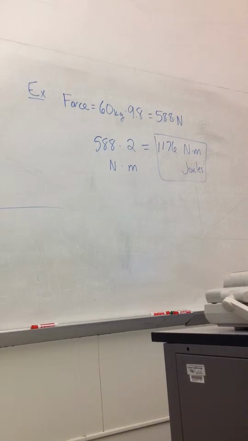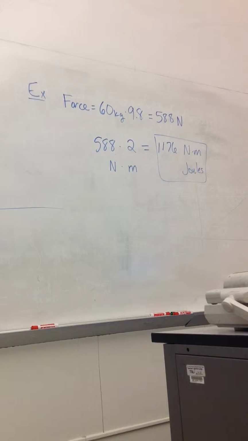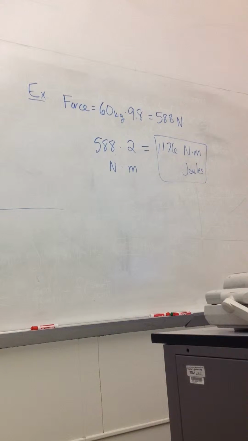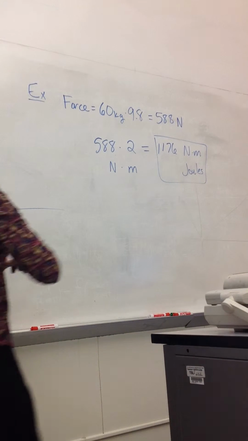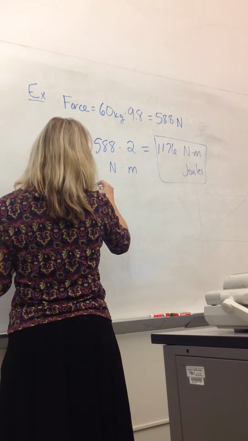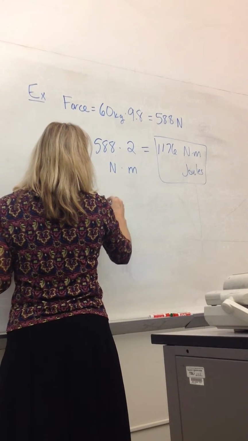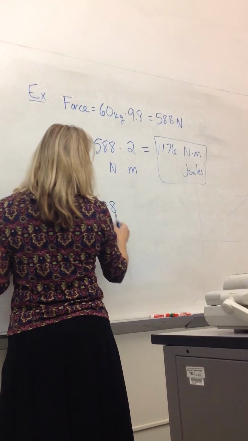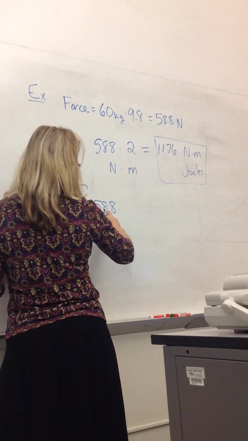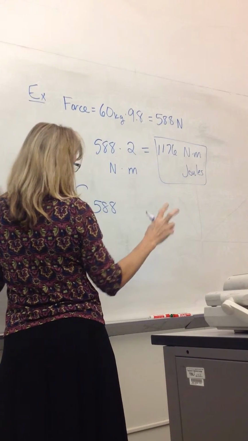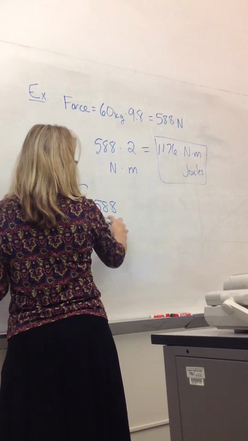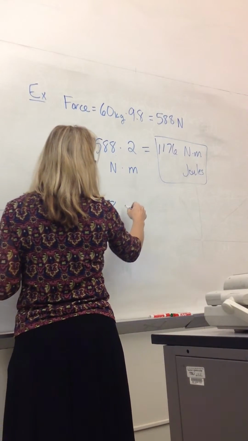The reason it's covered now in calculus is because those types of problems involve setting up integrals. I have an integral set up on your notes here because all of the problems can be set up with an integral. In this case, you've got a constant force, so my function representing the force is the constant 588.